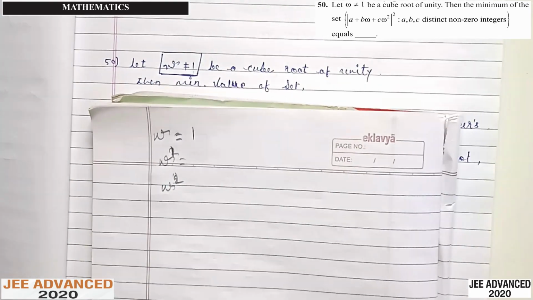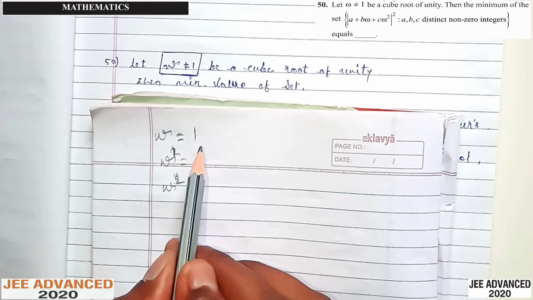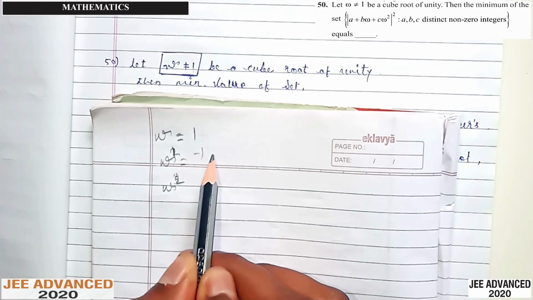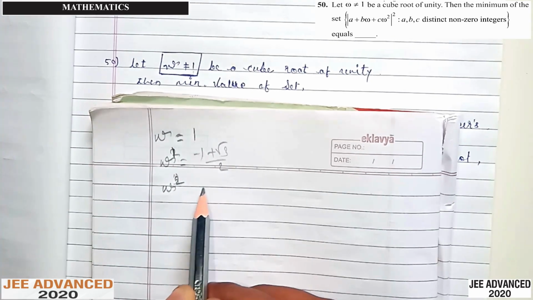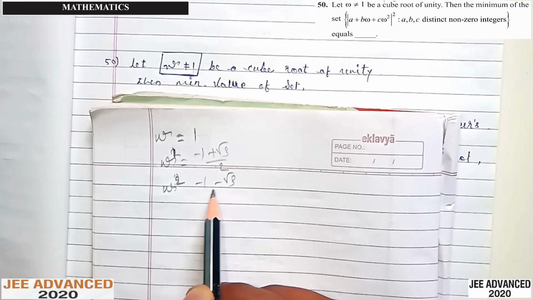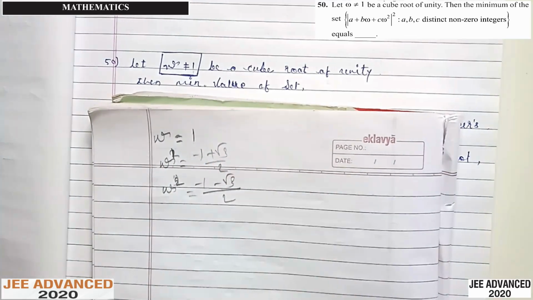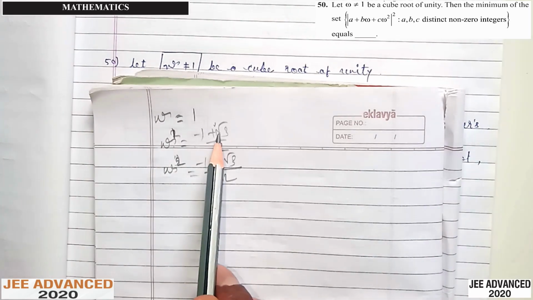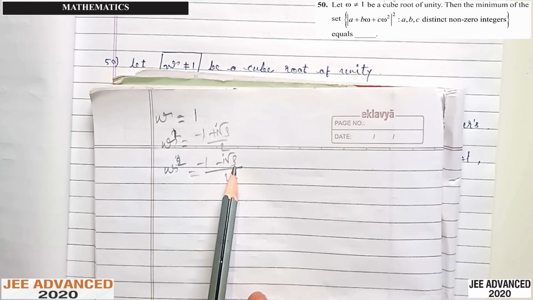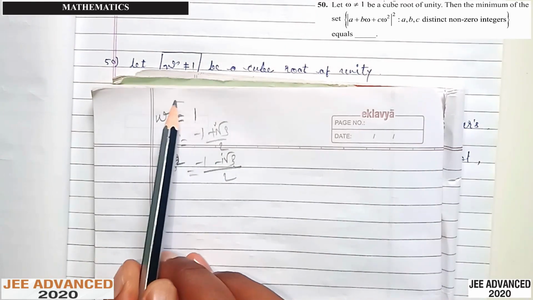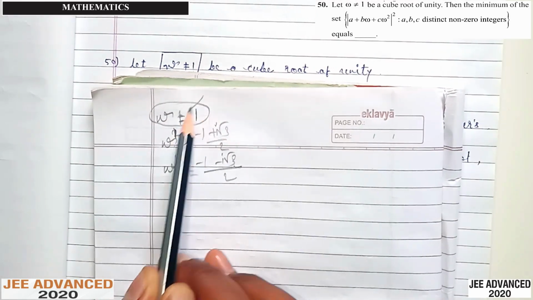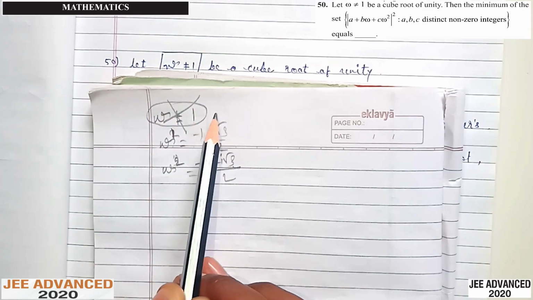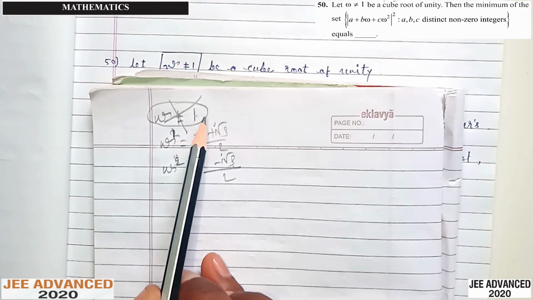The complex cube root of unity has 3 roots: the first is 1, another is minus 1 plus root 3 by 2, and another is minus 1 minus root 3 by 2. These are the 3 roots of the cube root of unity. But within that, we are given omega not equal to 1, so that root is discarded and we cannot consider it for our solution.